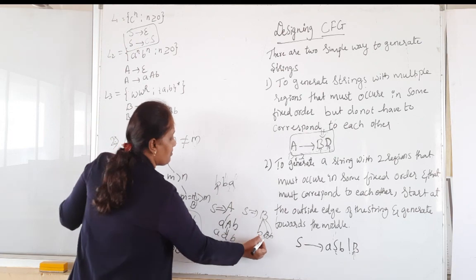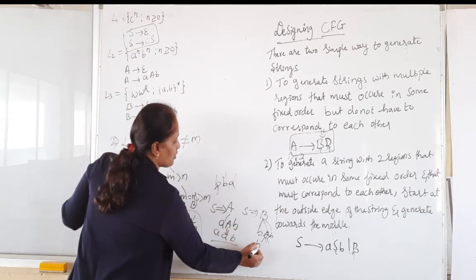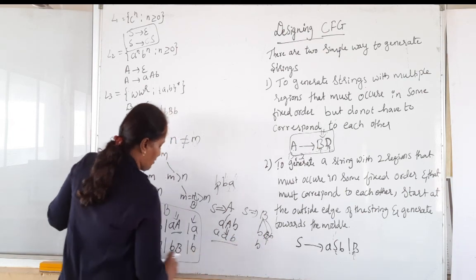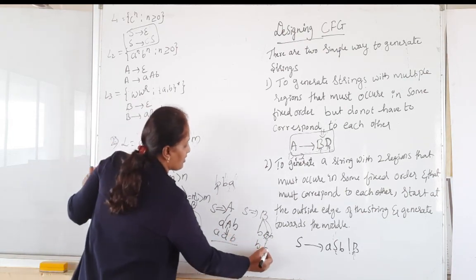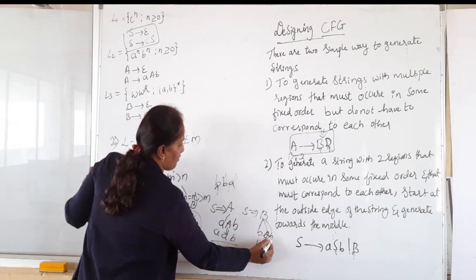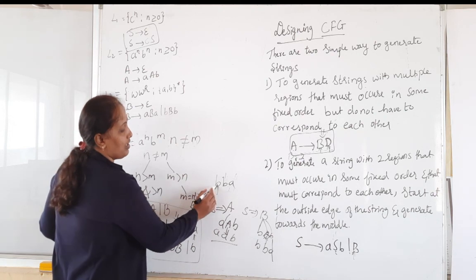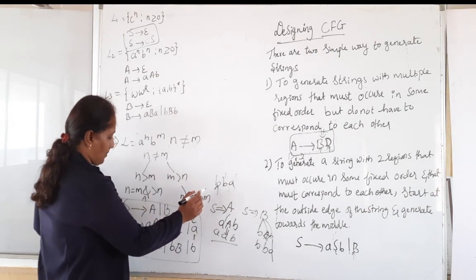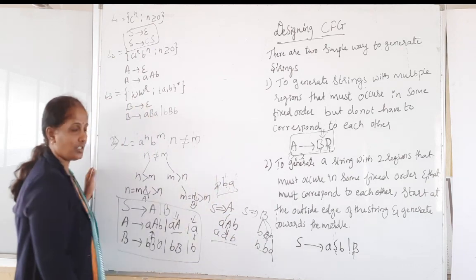Next, this B can be substituted as what? I want one more B, so B can be substituted by considering the rule B produces small b. I write b for this capital B, and this A I write as it is. So it accepts B B A, which is the same as the input string.